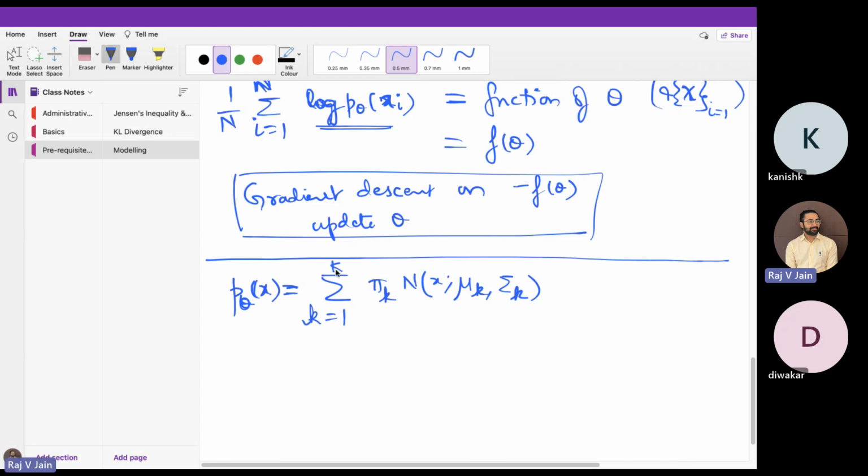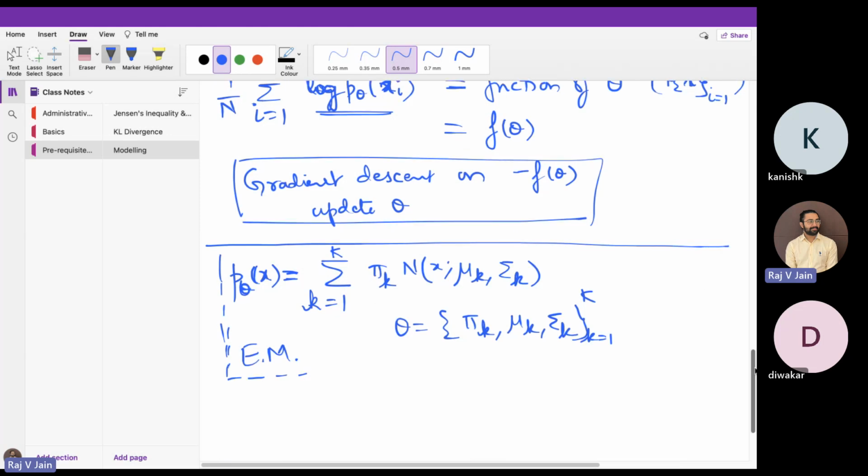Then your theta ends up becoming these values: pi k, mu k, sigma k, where k is from 1 to capital K. And the way you will update these parameters is using the EM algorithm. This is another side story altogether. We can go into it if you want, but that's the thought process.